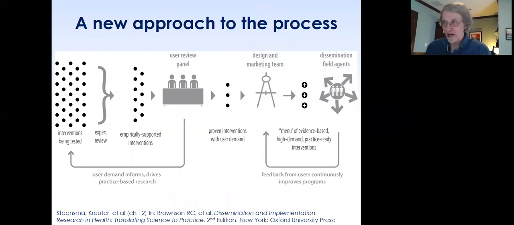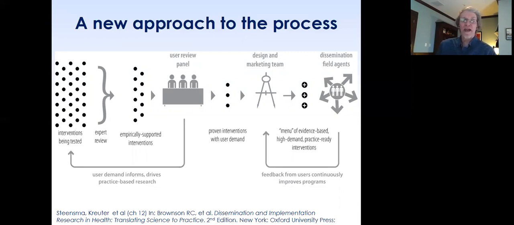My colleague Matt Kruder, and this is a chapter in our D&I book down below, Joe Steenman, Matt Kruder, they talk about a user-centered, a user panel approach. So if you think about over here on the left-hand side, we've got tested interventions that have gone through some process. Over on the right, you've got the users. In the middle, think about American Idol or The Voice or some competition where you've got this panel.